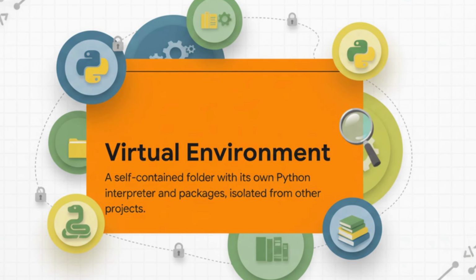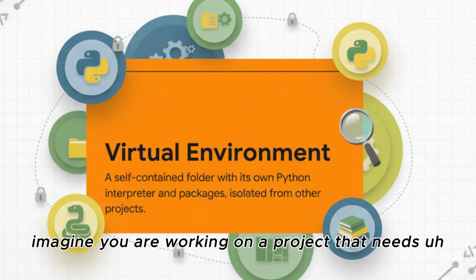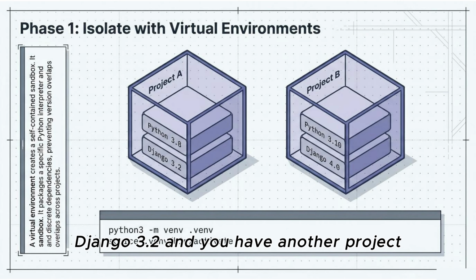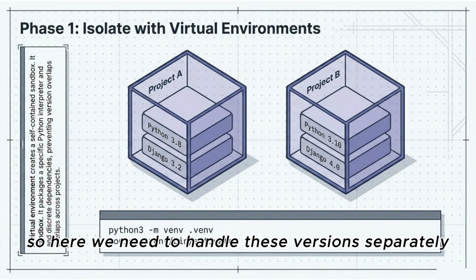Why we need Python environments is, imagine you are working on a project that needs Django 3.2 and you have another project that needs a different version of Django, suppose version 4. So we need isolation, to handle these versions separately.